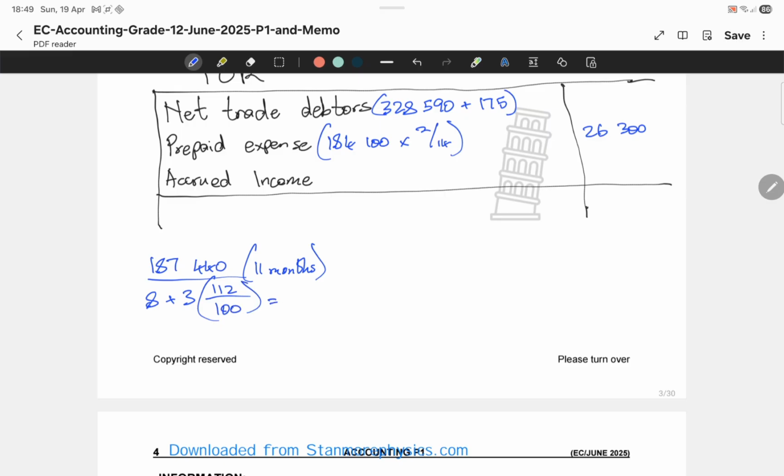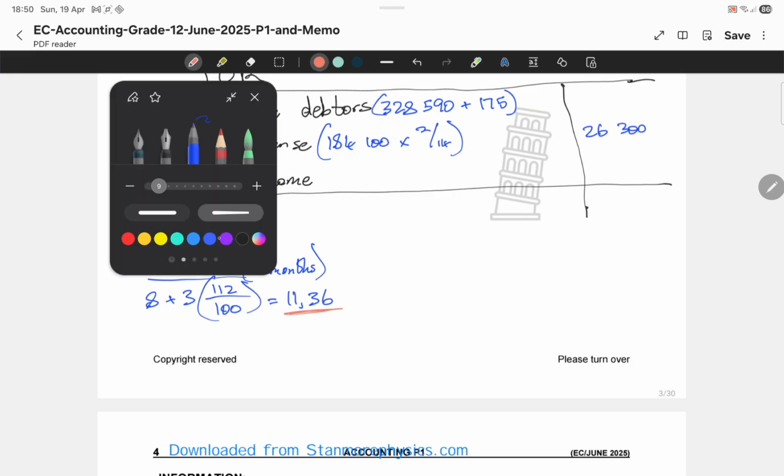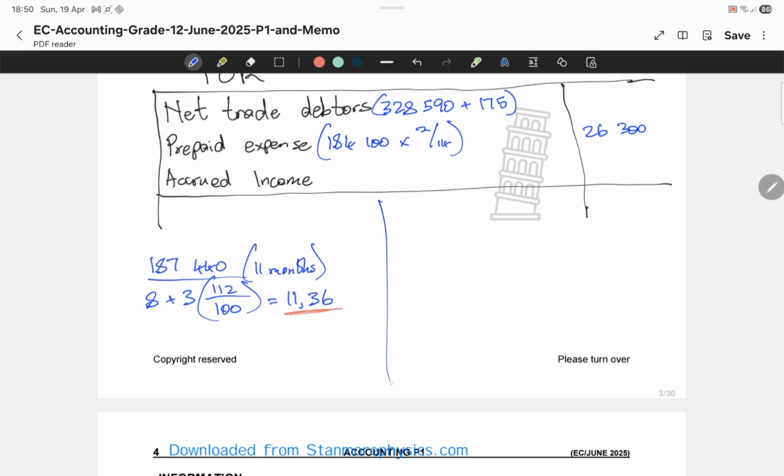Then you must get 1.12 (11,36 as spoken). Okay. So when you got this answer, you're going to say the amount from the trial balance, 187,440, you divide by the 11,36. Then you must get an amount that does not have commas, which is 16,500.